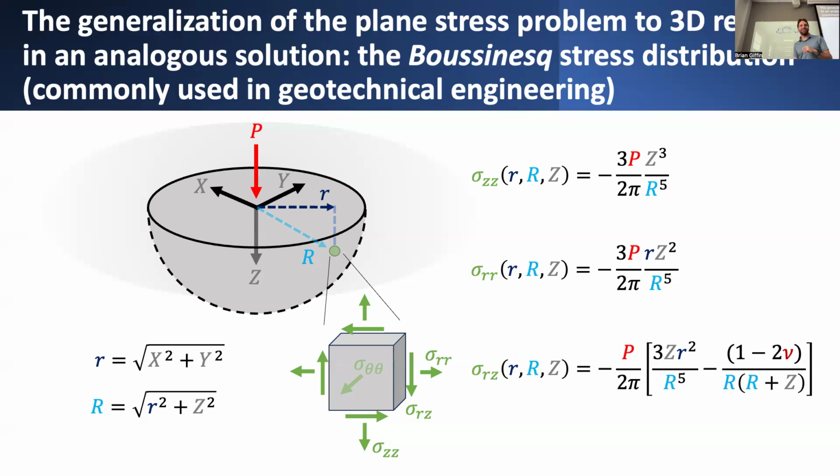Yeah, in general, the failure mode for a lot of these bearing capacity problems is not so much the compressive load, the sigma ZZ stress, it's more so actually the shear stress. And really, if you want to assess at what point will there be some kind of shear failure in the soil, then you need to know not just the one vertical component of stress, but all these different components. So the Boussinesq solution gives you a way of determining that.